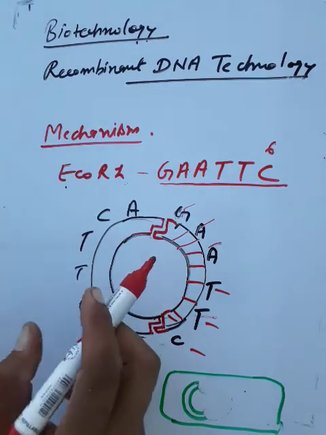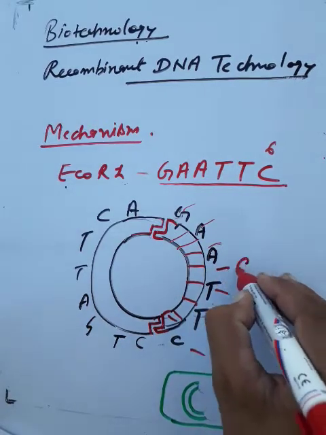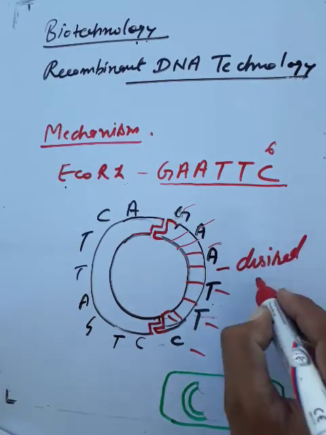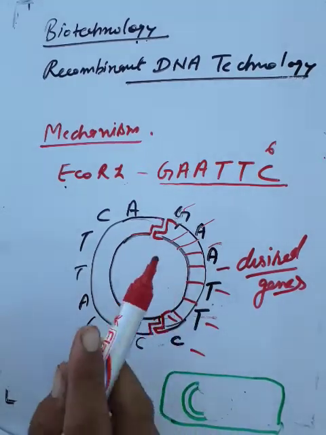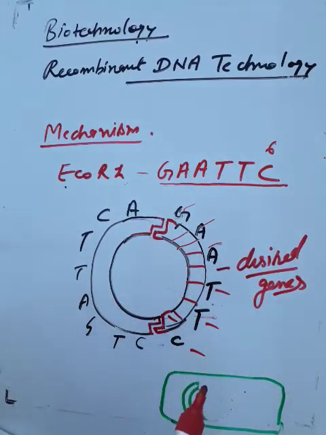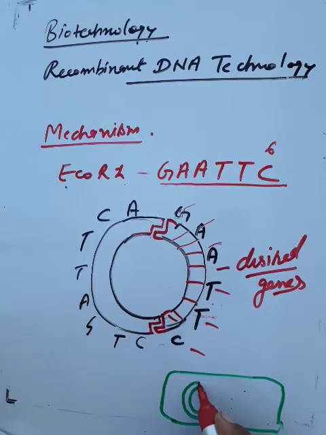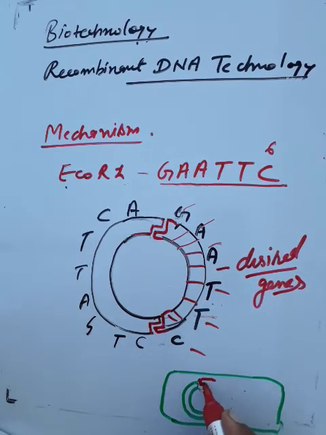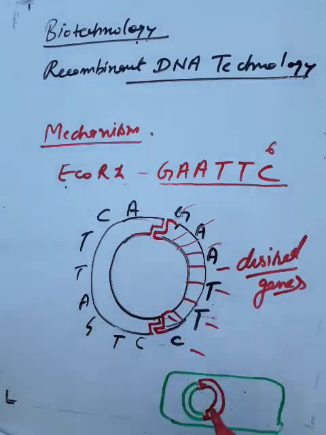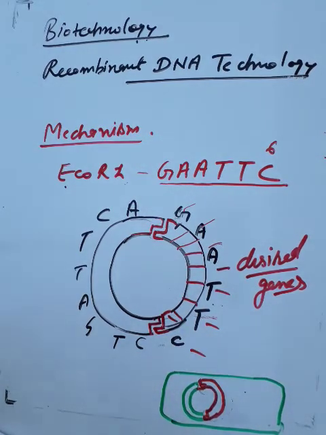After that, this desired DNA segment or desired gene is inserted into this bacteria, from here to here, into the vector.